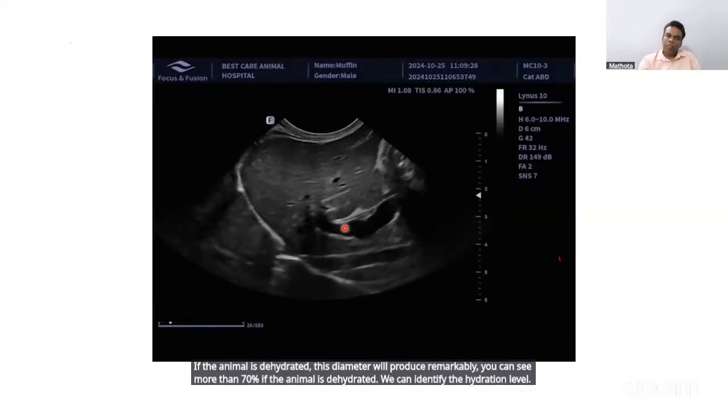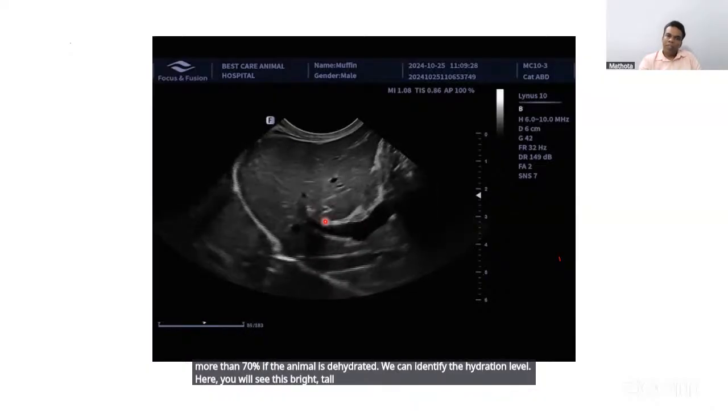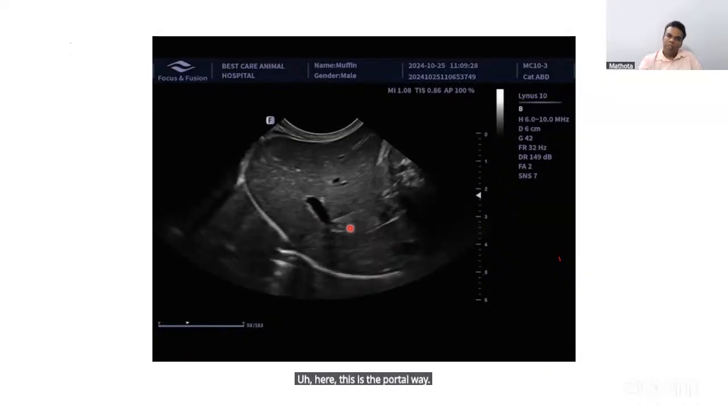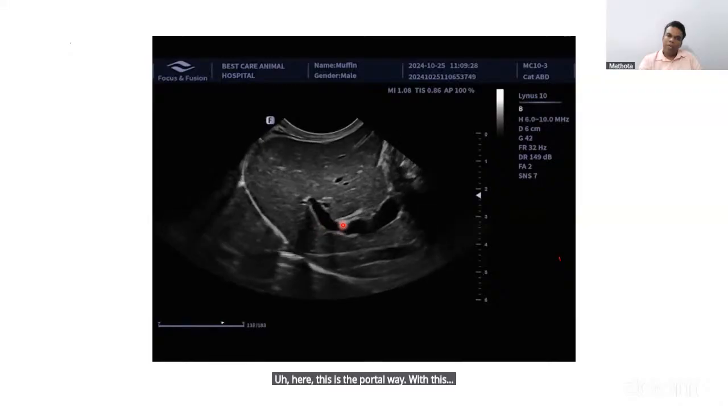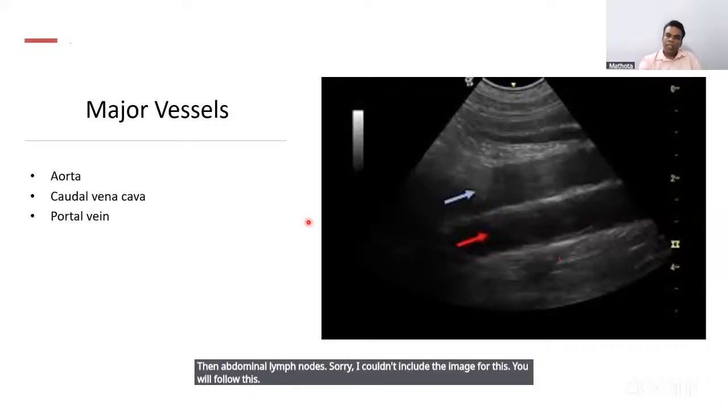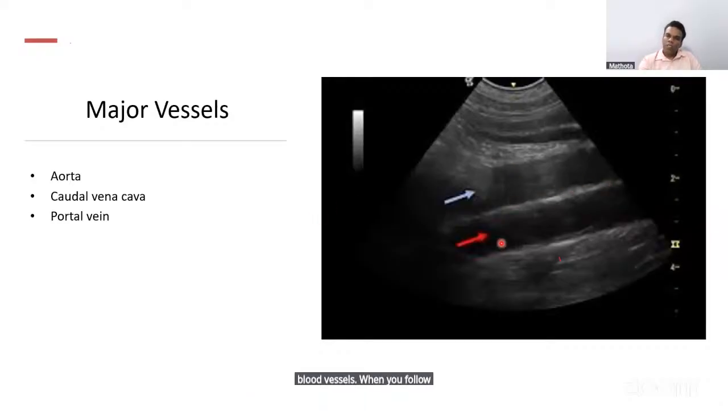Here you will see this bright-walled blood vessel. Here, this is the portal vein. Here you will see these bright spots in the portal vein. Then abdominal lymph nodes. Sorry, I couldn't include the image for this. You will follow these blood vessels caudally, and you can go up to the bifurcation of the aorta into the iliac arteries.